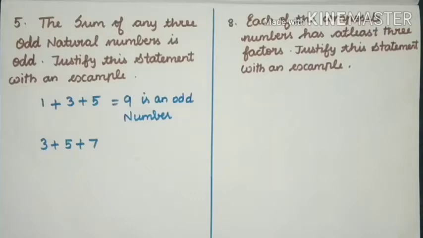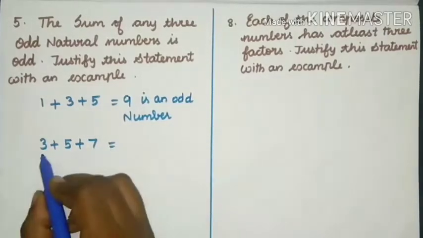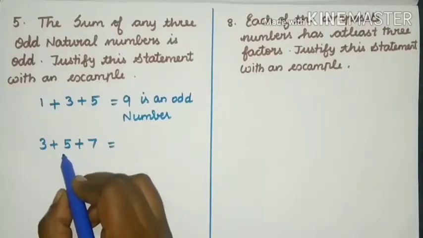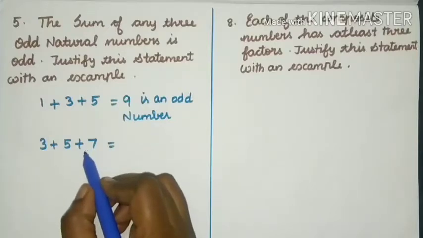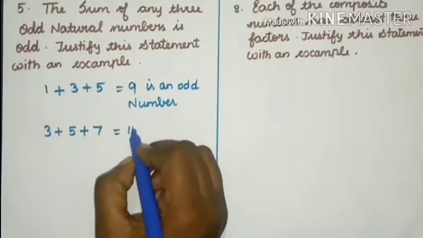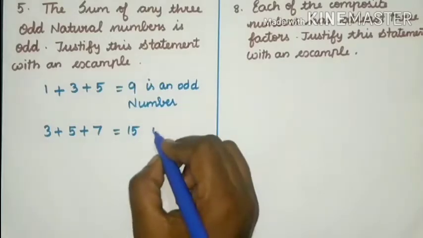We have to find the sum of 3 odd numbers. 3 plus 5 equal to 8. 8 plus 7 is equal to 15. See, we get the answer as 15. 15 is an odd number.